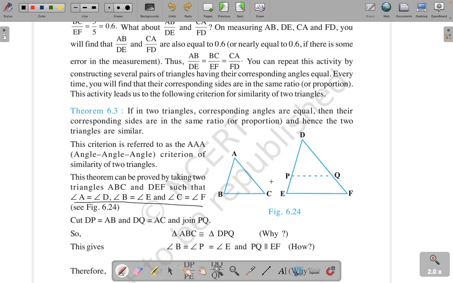So what we can say between these two triangles, in triangle DPQ and triangle ABC, is that angle A is equal to angle D. It is given, since these two triangles have equal angles. Then, by construction, AB is equal to DP and AC is equal to DQ.